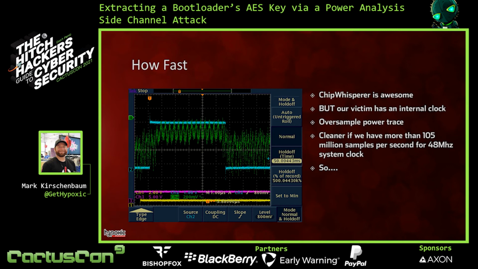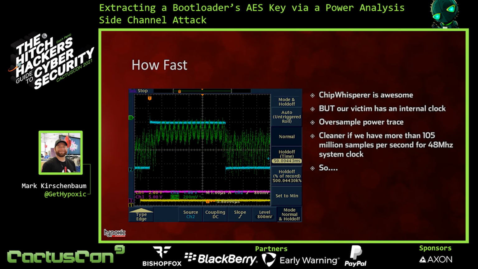That allows us to capture right at the very point that the instruction is getting executed. That makes this exploit so much easier because we know exactly when that instruction is going to be operated on. We can measure the current at that point in time, and it makes our lives so much easier.